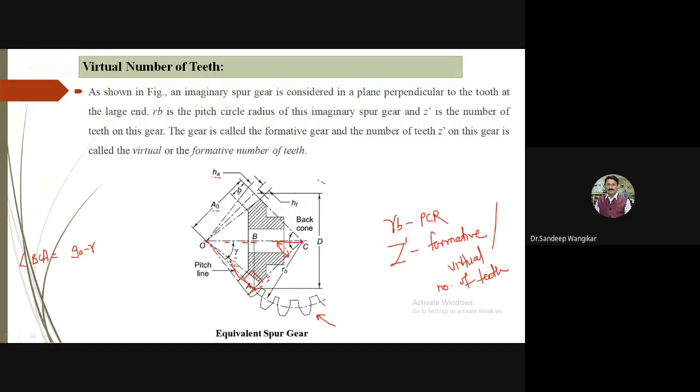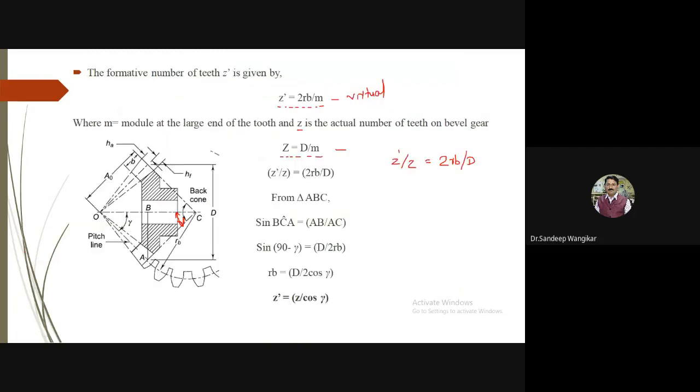So let us go for the sine of 90 minus gamma. What is sine 90 minus gamma? Sine of BCA is equal to AB divided by AC. So very simple. Sine of 90 minus gamma is equal to opposite side AB divided by hypotenuse AC.